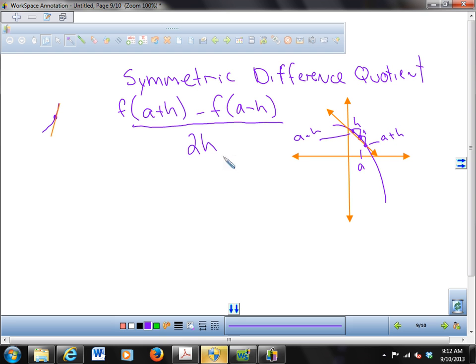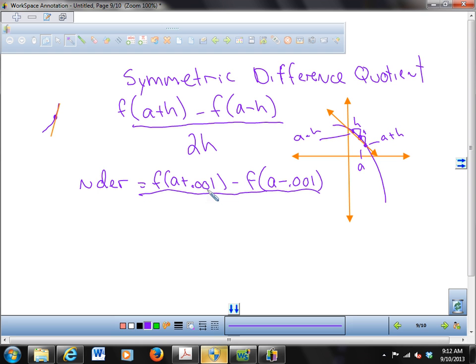You understand that? Okay? So your calculator actually puts a number in there and uses 0.001. So the numerical derivative on your calculator is defined as f(a + 0.001). Your calculator just uses 0.001, and I don't know if there's a way to change that, minus f(a - 0.001) over what?